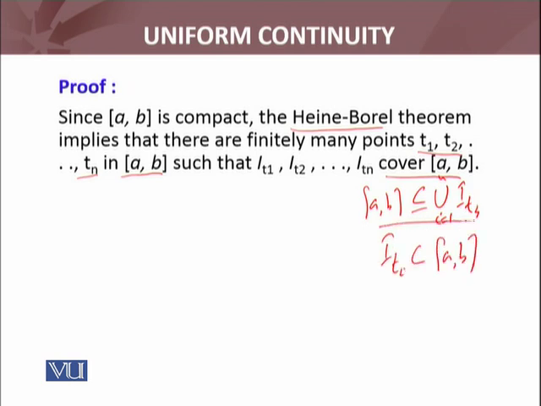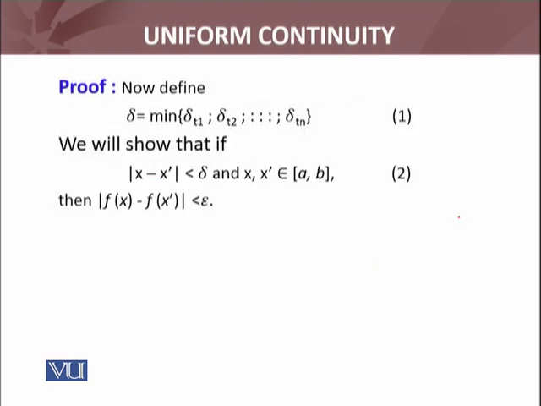So we define the delta as the minimum of all these deltas, delta t1, delta t2, so on and so forth, delta tn, and I will show that if x and x prime belong to AB and are any 2 points from the closed interval AB with |x - x prime| less than delta, then this is true.